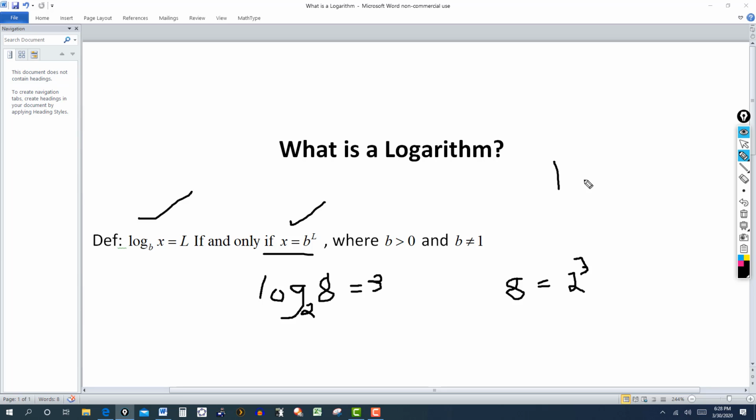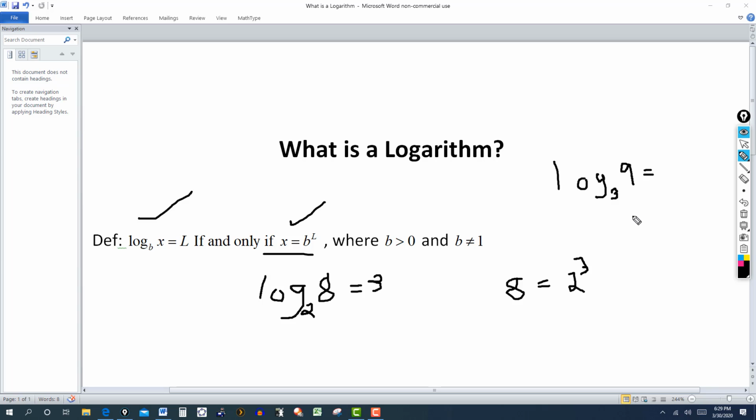Let's look at another example. We want to know what is the log of, say, 9 to base 3. You look at the definition, we're looking for a number so that if I take this base to that power, it'll give me this number right here.